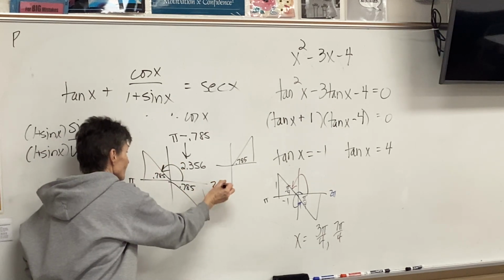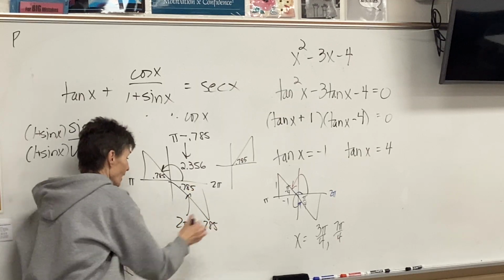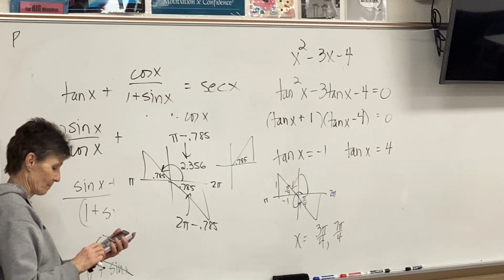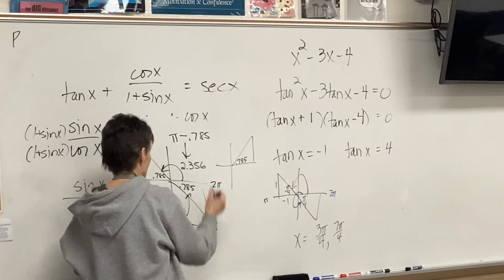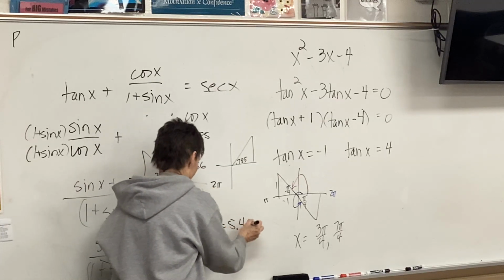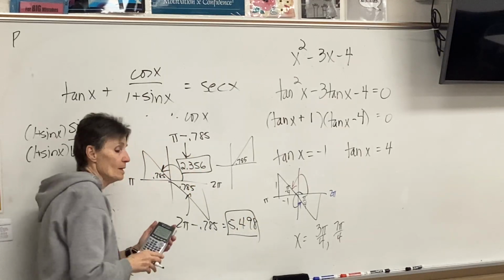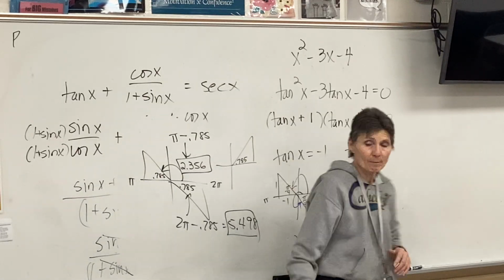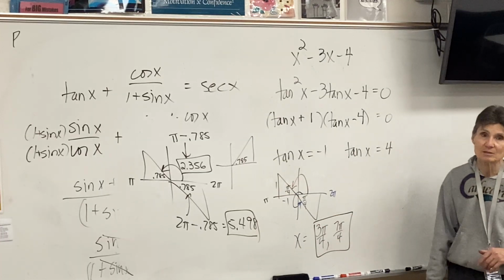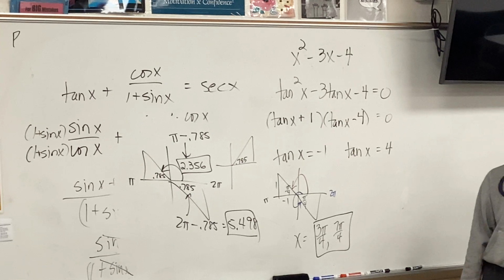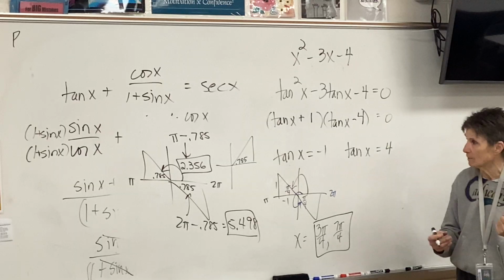This one is going to be 2 pi minus 0.785. Which is 5.498. So if I'm doing it with my calculator, I'm going to get those decimal answers. If I'm doing it by hand, I'm going to get the exact answers. And I can do both with this. Not that you have to do both, I just demonstrated both.